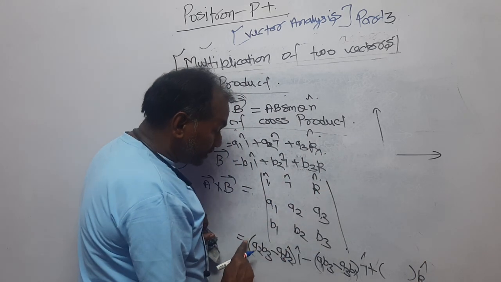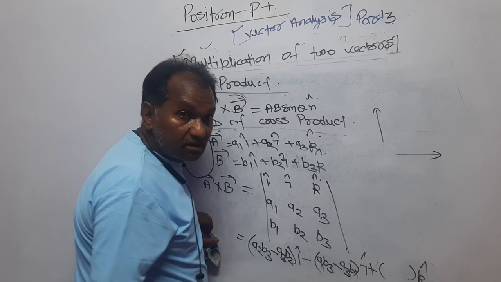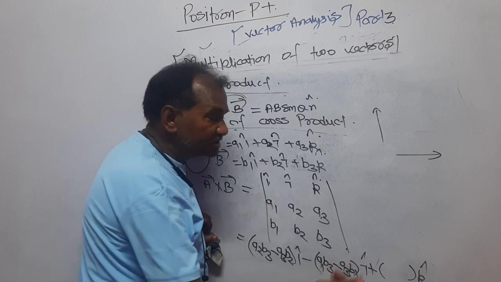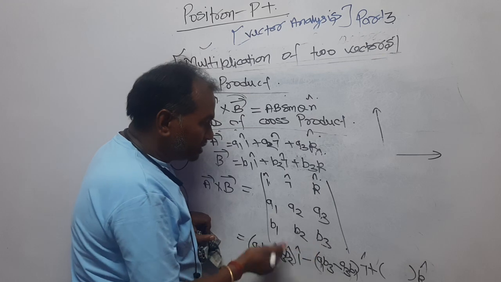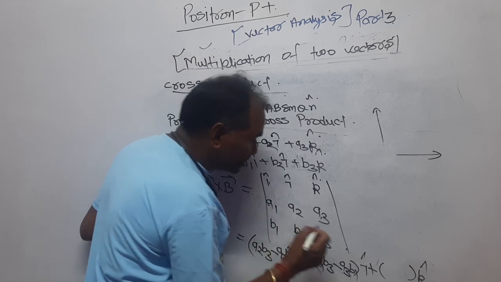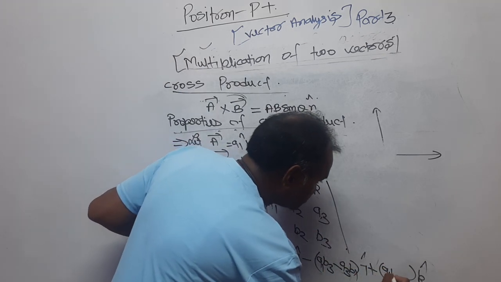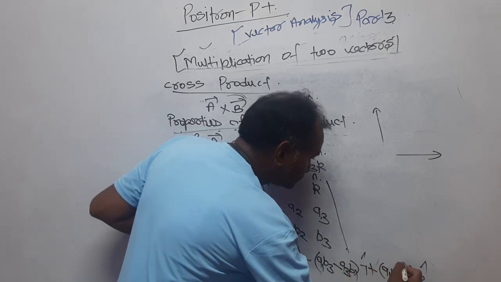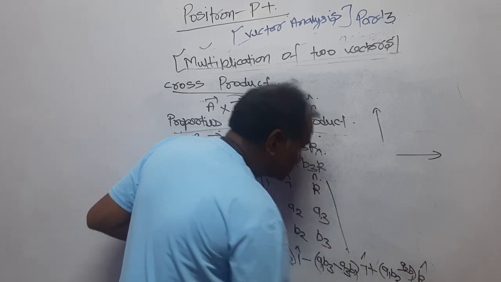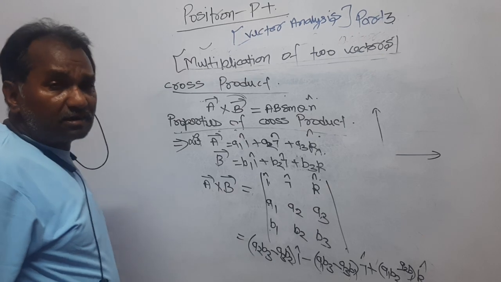Drop this. Here plus, minus, plus, right? The alternate sign is considered. Plus k cap, drop this, multiply a1 b2, diagonally minus a2 b1. This is the result of A cross B.